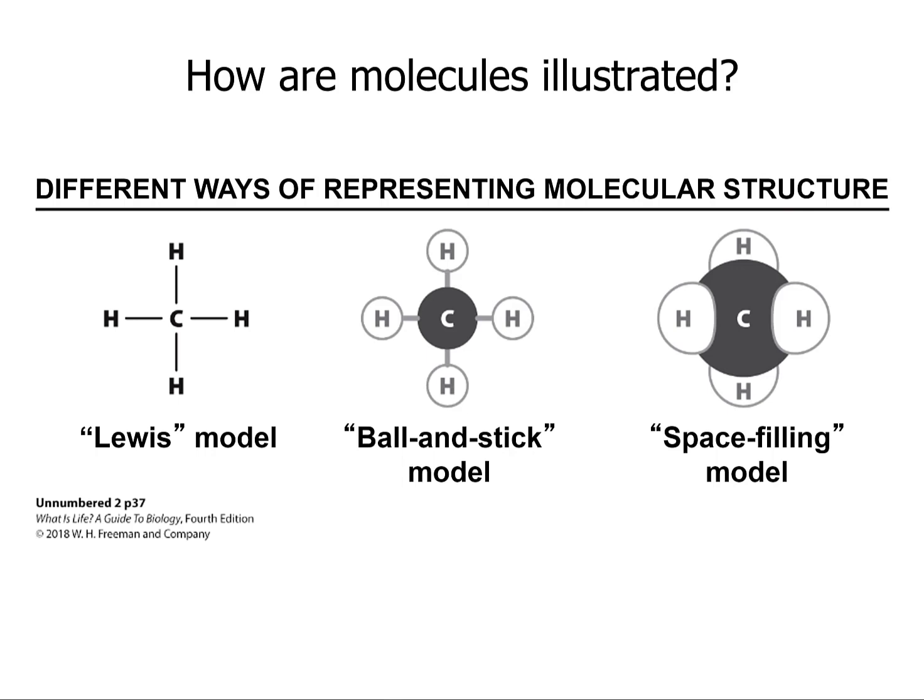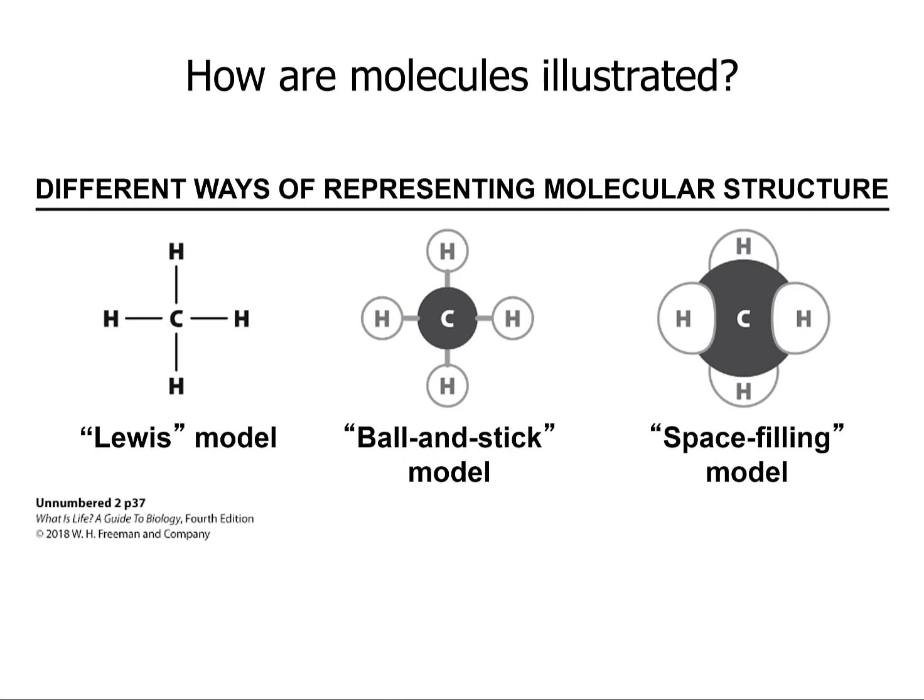The Lewis model shows the sharing of an electron with a line, or you can draw it with a ball and stick type model. And I 3D print the space filling model, so you can see the orbit of the hydrogen, the orbit of the carbon, as far as the electrons in that random distribution.